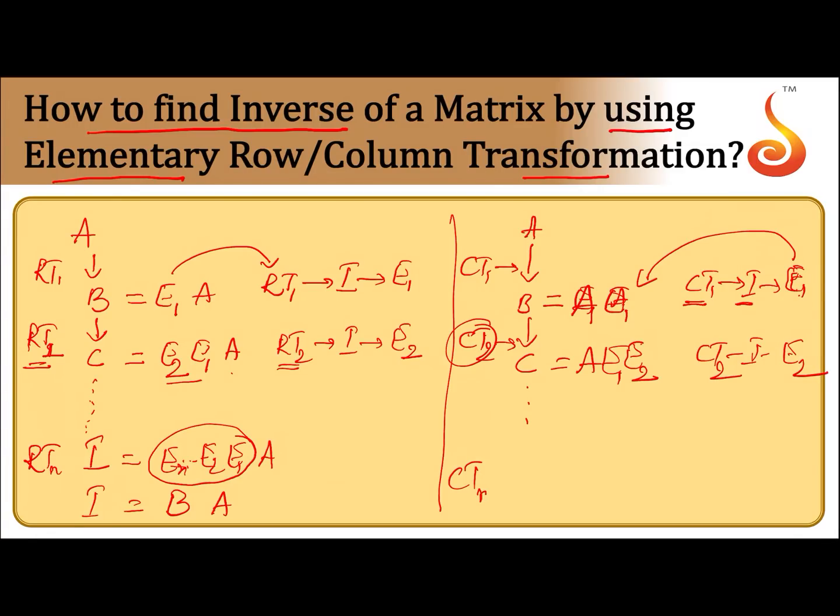Continuing, let us consider the nth column transformation. Applying it, you will get the unit matrix as A multiplied by E1, E2 and so on up to En, which is nothing but the B matrix. So finally, you will get AB is equal to BA is equal to I, where B is nothing but the inverse of the matrix.